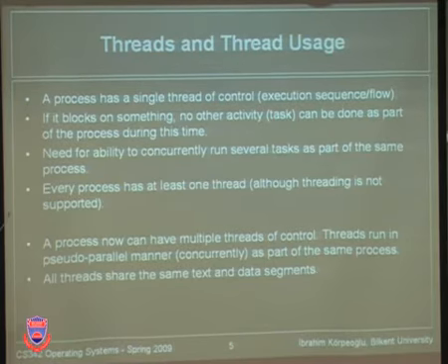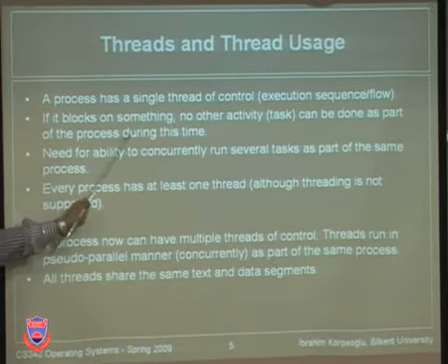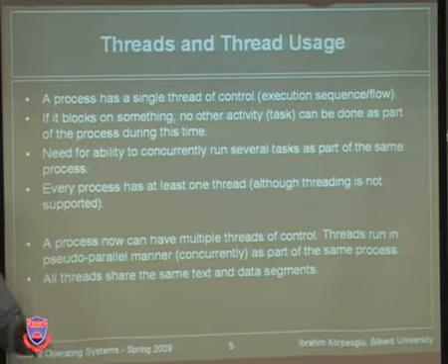So when such a process is blocked on something, during this time, the CPU is not doing anything for that process. You cannot do any activity as part of that process in the CPU. For example, that process has initiated the I/O at that instruction, and then it is suspended.